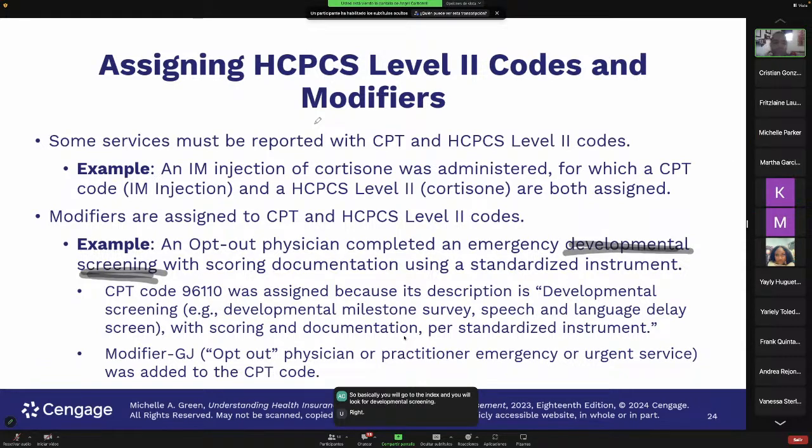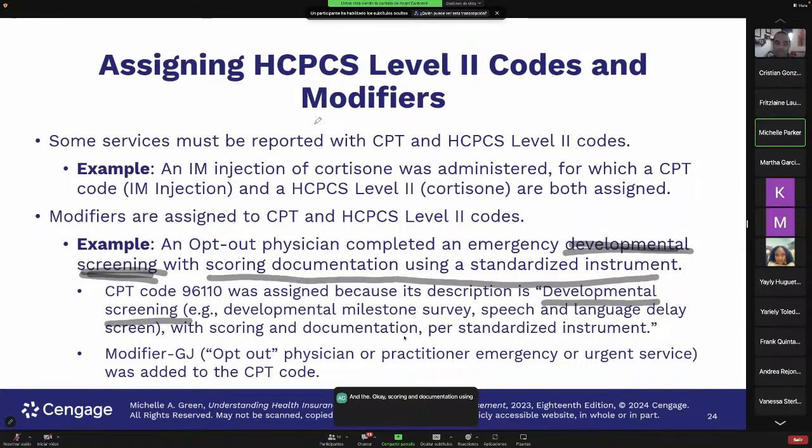The index will give you examples: developmental milestone survey, speech and language delay screen. And then it says with scoring and documentation using a standardized instrument.